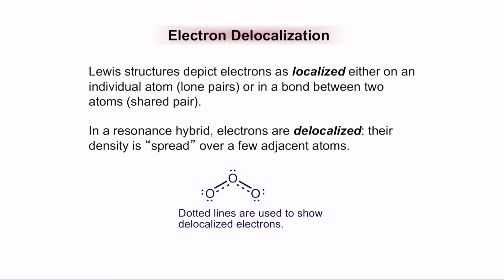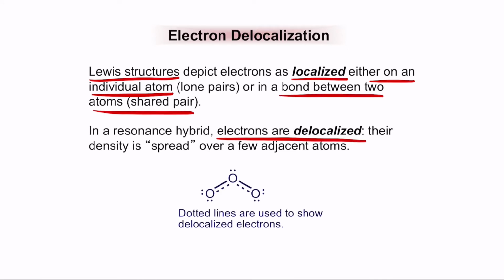So the same way, a resonance hybrid is also a delocalized electron pair that can be accessed by both oxygen atoms. So when we represent Lewis structures, we depict electrons as localized either on one individual atom or between the bond between 2 atoms. But in a resonance hybrid, the electrons are delocalized.